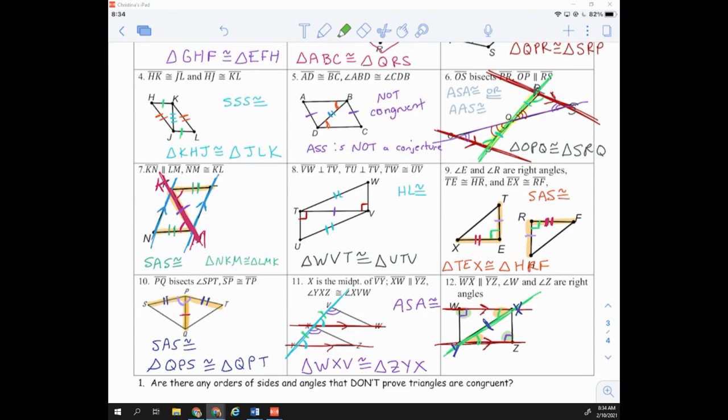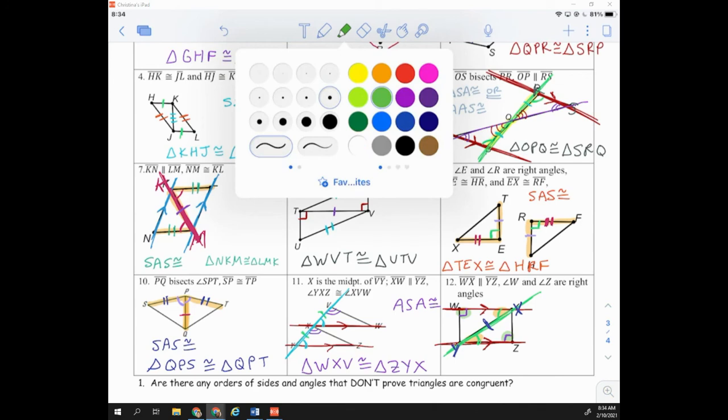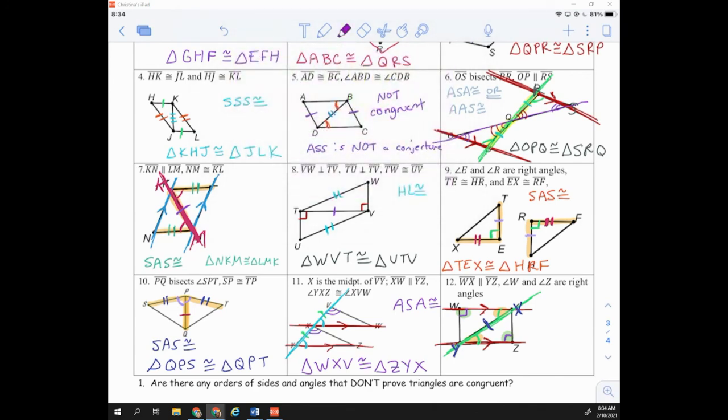We also, because we know that Z and W are both right angles, we also know that those lines have to be parallel to one another as well. I'm going to go ahead and do angle, angle, side.